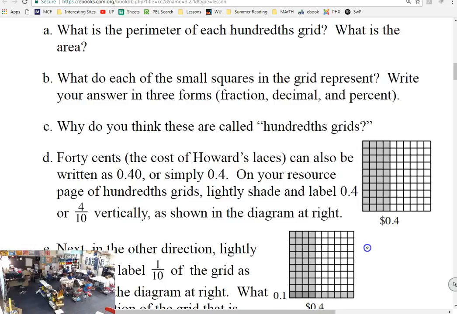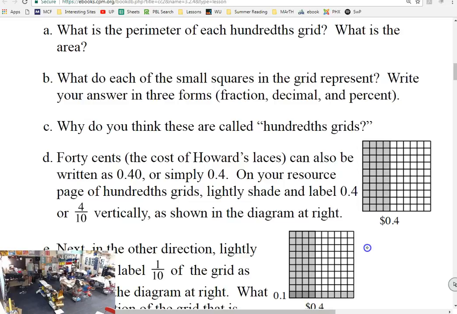Throw your name on the top of this too, the 100 grids. Throw your name on the top of that. Nice, and she's got it right. So we have 10 over 10.